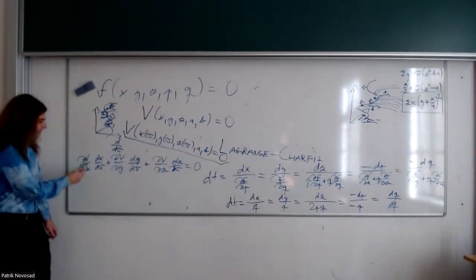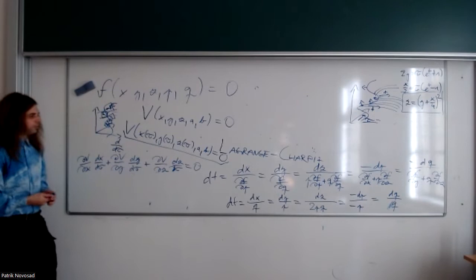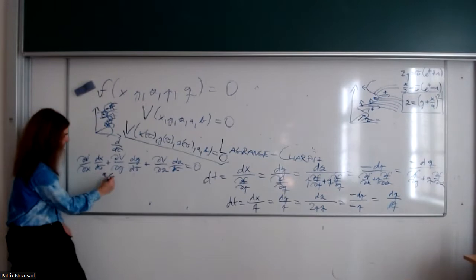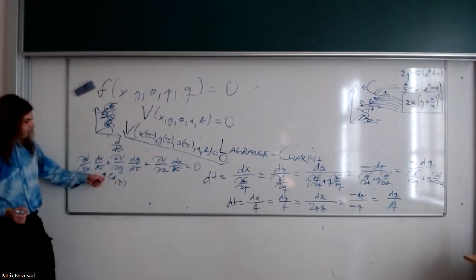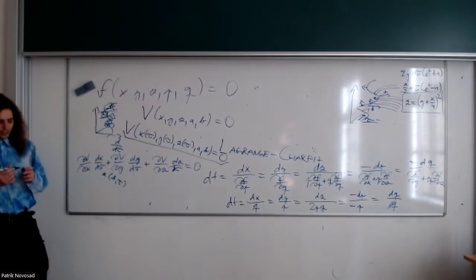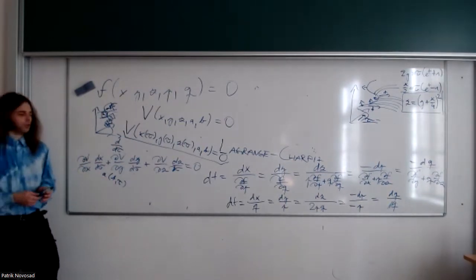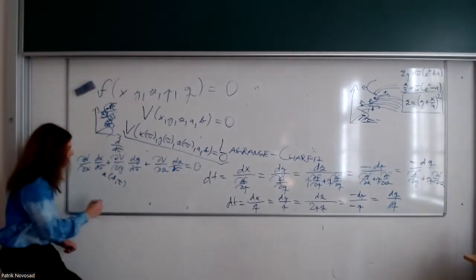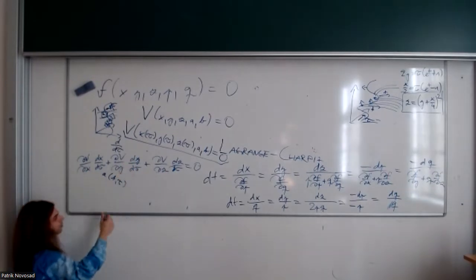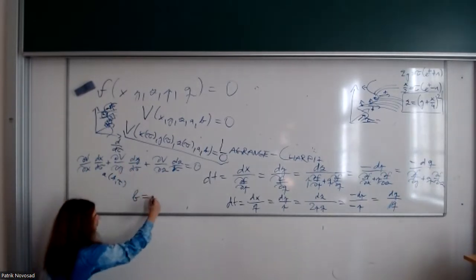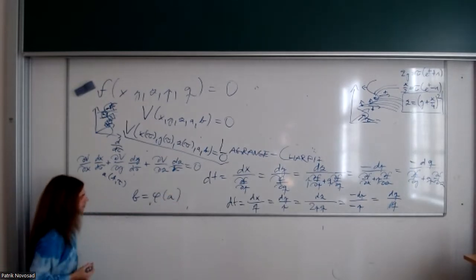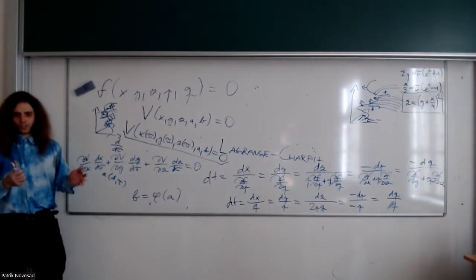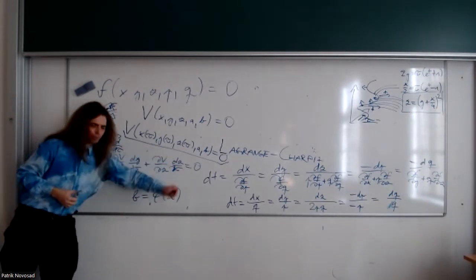So we could use, for instance, this one to solve for, let's say, a, and obtain it as a function of b and tau. And after plugging in here, we could get rid of the tau, and we would be left with some functional relationship between b and a. So these conditions would lead to some relationship in such a form, let's say, where phi is some kind of function that will relate together these two parameters.